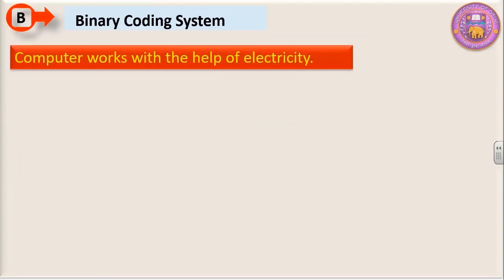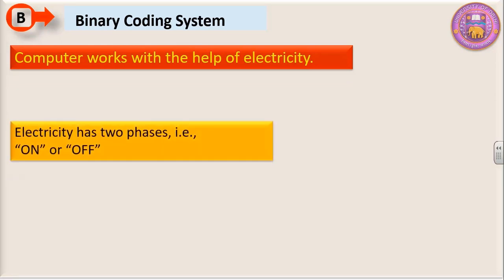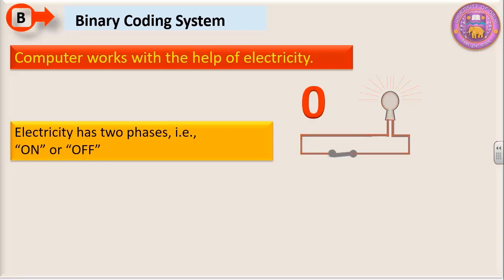We know that computer works with the help of electricity. And electricity has two phases. Electricity can be either on or off. Now here you can see that when the circuit gets connected, it is 1, that is electricity is on. When the circuit is disconnected, it becomes 0.